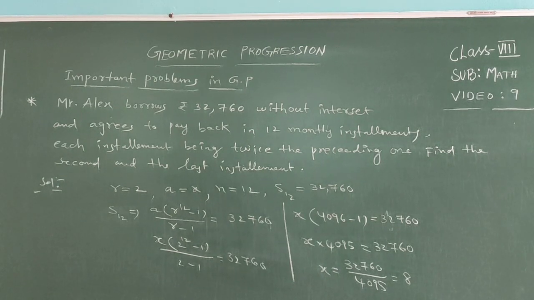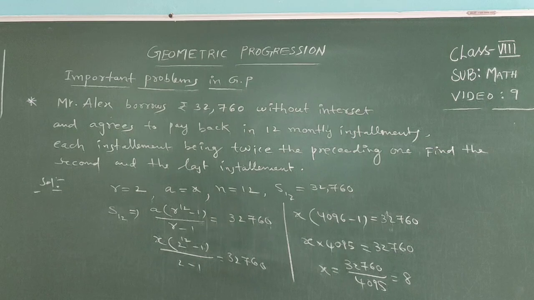For S12, R is greater than 1, that's why A into R power N minus 1 by R minus 1. Here N is 12, R is 2. So X into 2 power 12 minus 1 by 2 minus 1 equal to 32,760. Here 2 power 10 we know is 1024, then 2048, 4096. 4096 is 2 power 12.